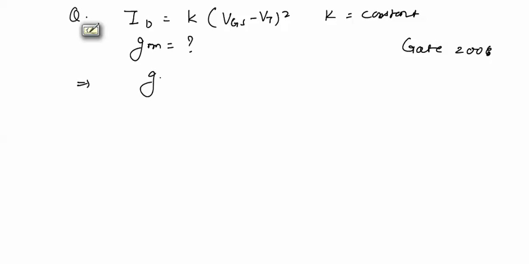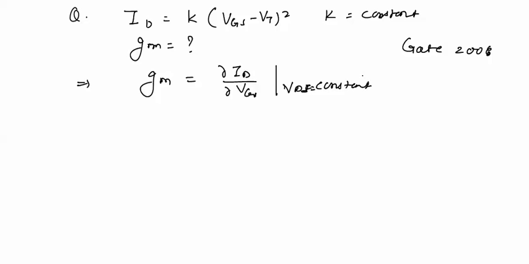We know that transconductance gm is equal to del ID upon del VGS when VDS is constant.